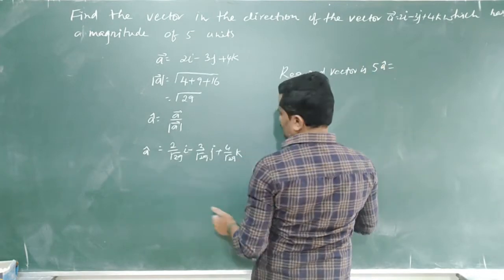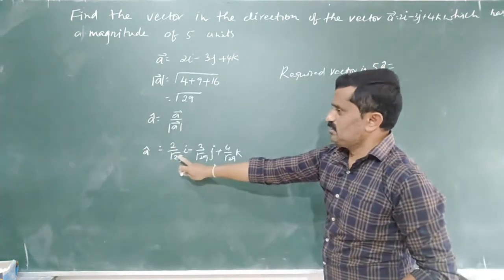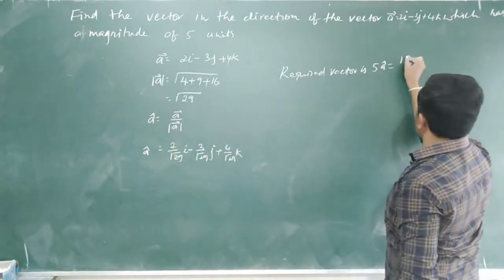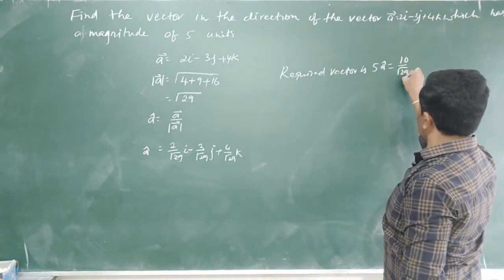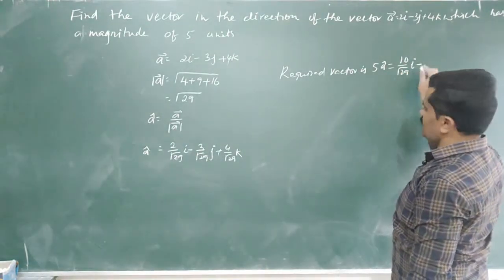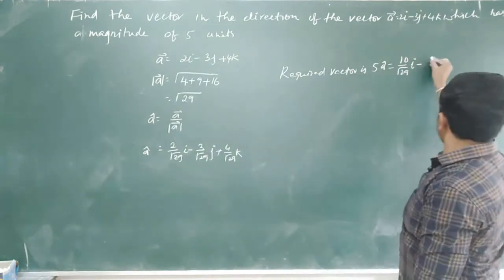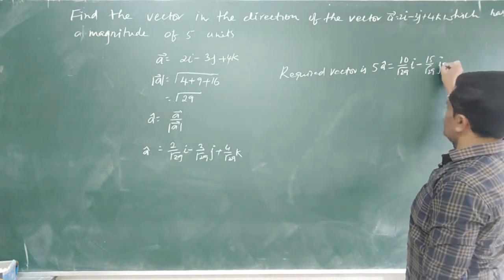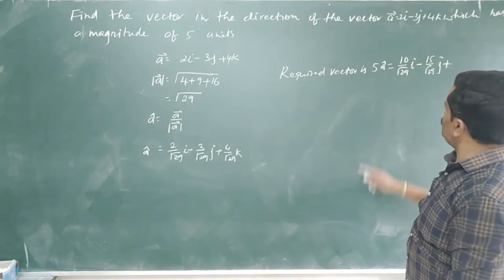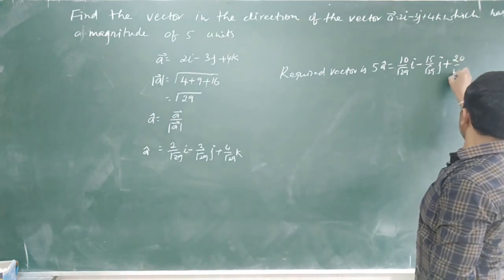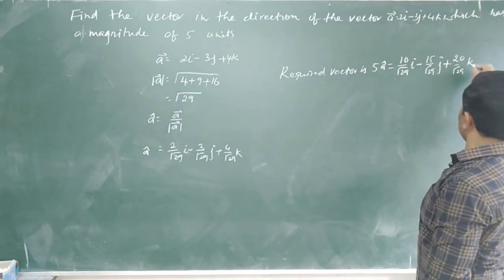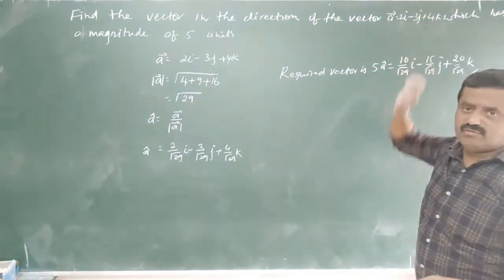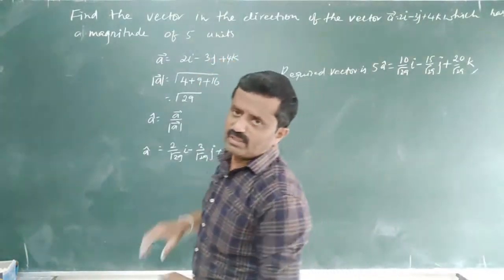Multiply 5 to each scalar component of this unit vector: 5 into 2, that is 10 divided by root 29 i, minus 5 into 3, that is 15 divided by root 29 j, plus 4 into 5, that is 20 divided by root 29 k. So this is the vector in the direction of this vector having a magnitude of 5 units.